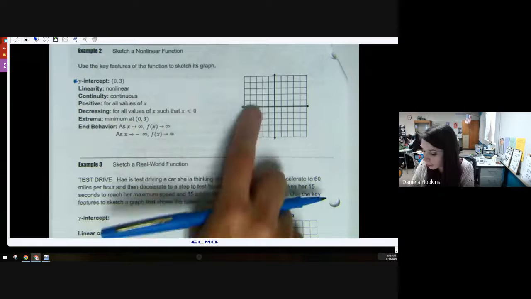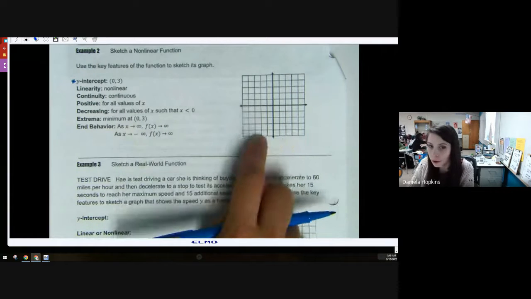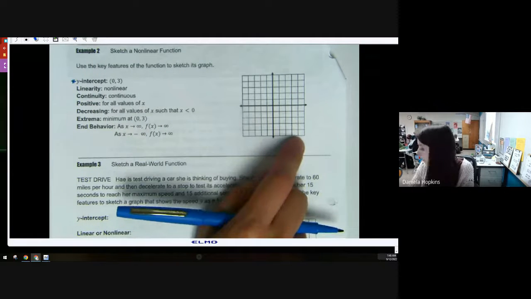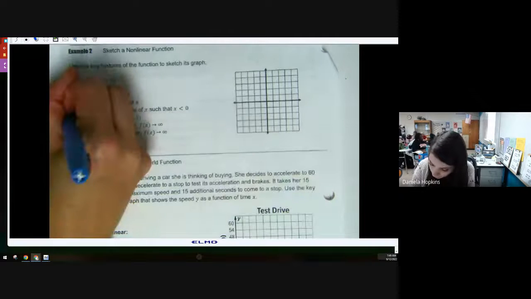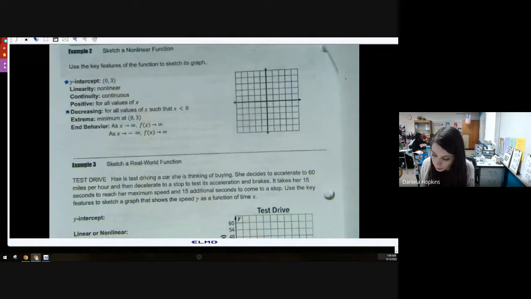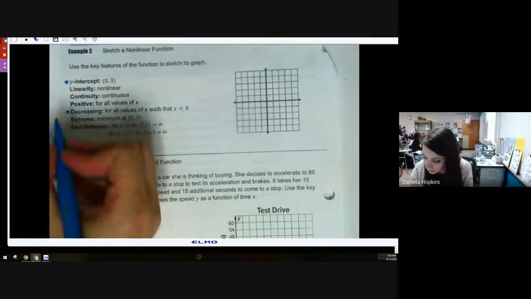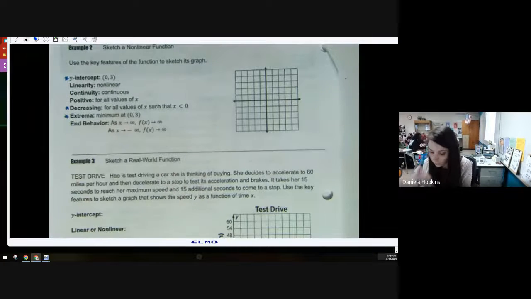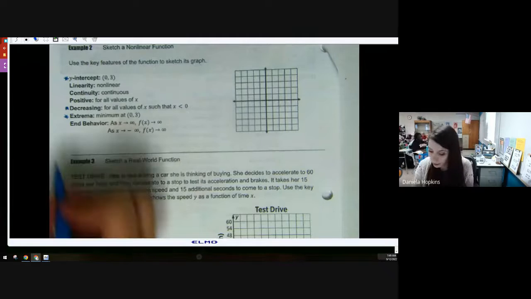What that means is I am not going to go into the negative y's at any point. It needs to stay well above that. Decreasing for all values of x such that x is less than 0. So we'll come back to this. My extrema, I have a minimum at (0, 3). And then my end behavior, again, is just a final check.